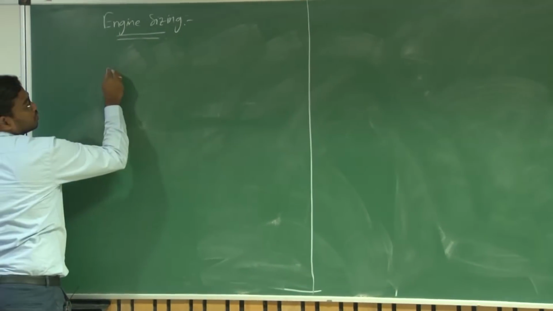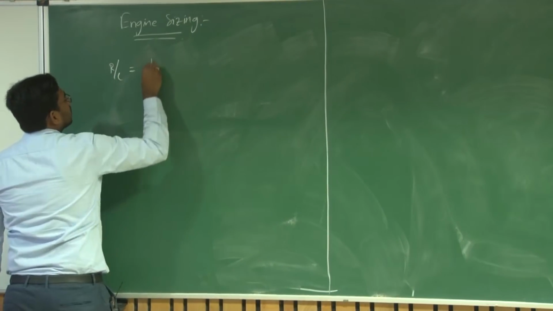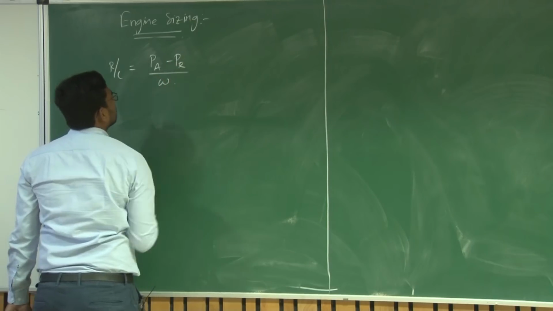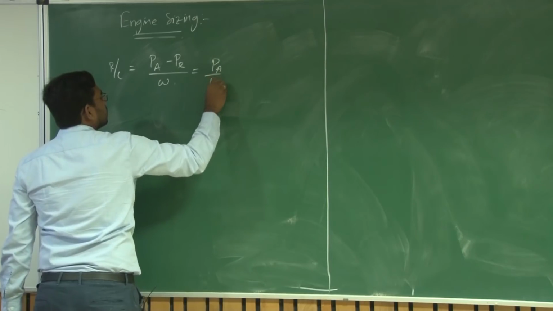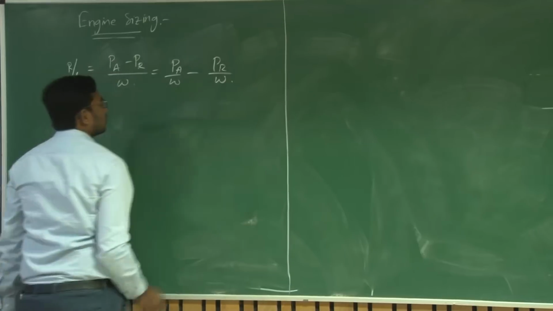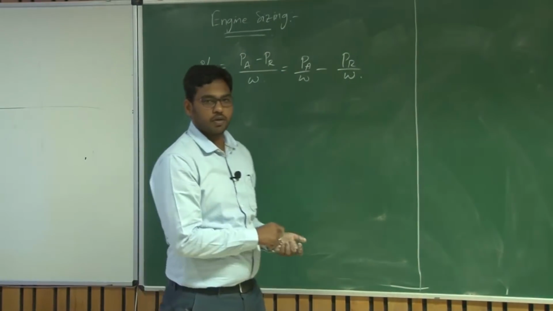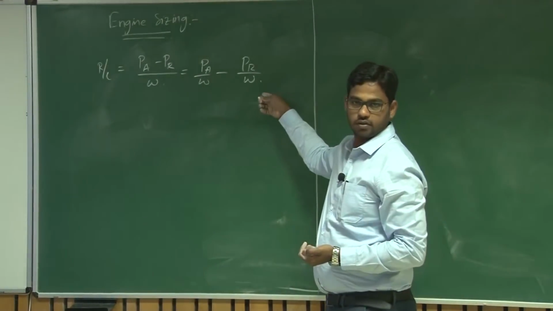So rate of climb is equal to power available minus power required, divided by W. One more term to introduce is the ratio of power to weight.